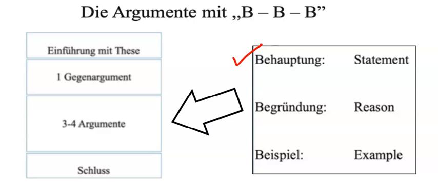So when you get to the argument section, I want you to think of drei Bs. Yeah? The Behauptung. What's the statement? What's the claim? The Begründung. What's the reason for this? And then give a Beispiel, an example. So if you were claiming that cell phones should not be used in school because they're a distraction, that would be your statement.